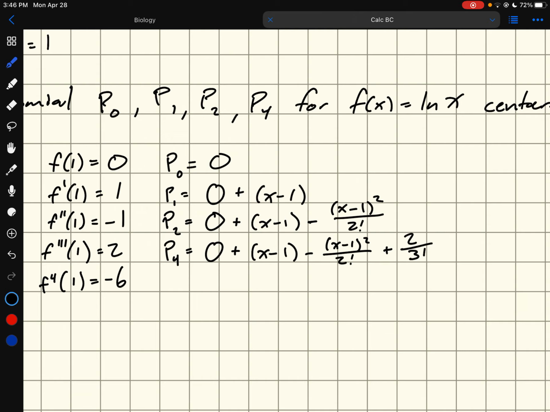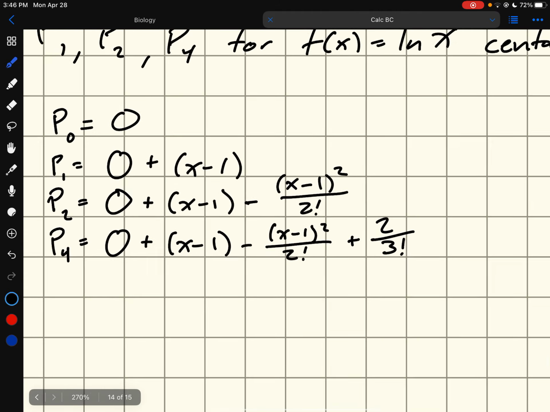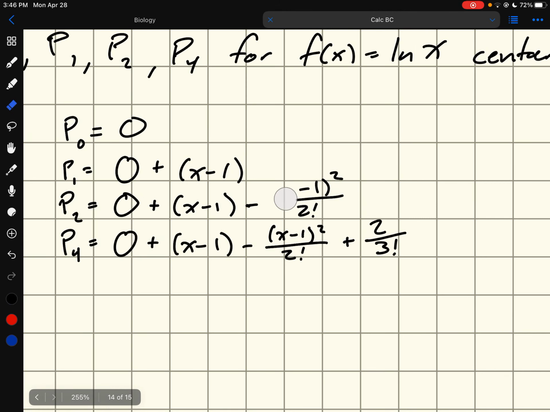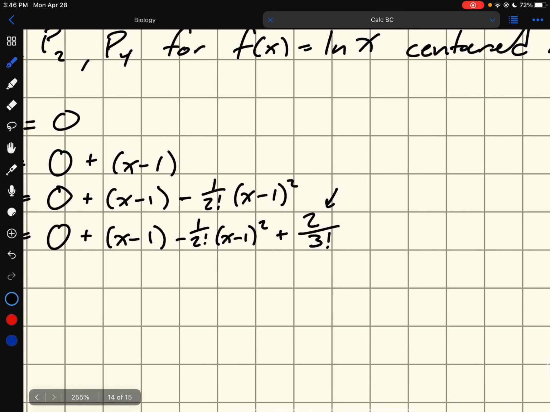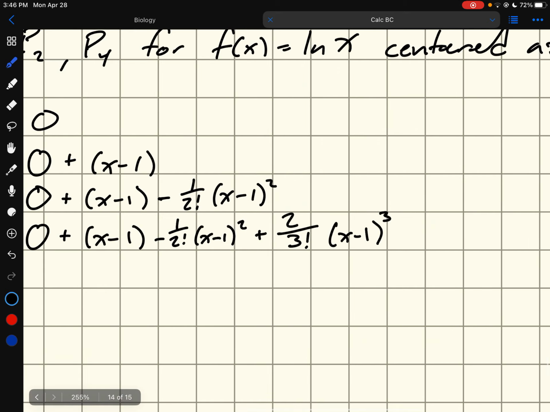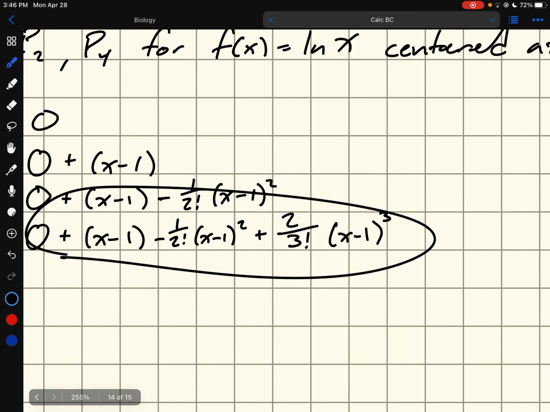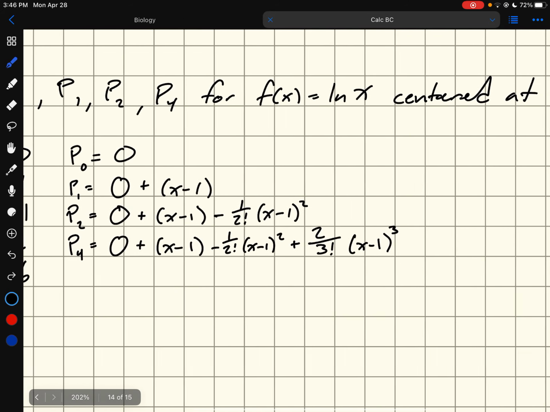And then it's going to be the third factorial. I think I'm going to rewrite these so it looks more uniform. So we have a 1 over 2 factorial, and then this squared. Yeah. And now we have the 2 over 3 factorial, and then this is increasing another exponent, so now it's going to be cubed. But this would be for p sub 3, but we're at p sub 4, so we have to go one more term.